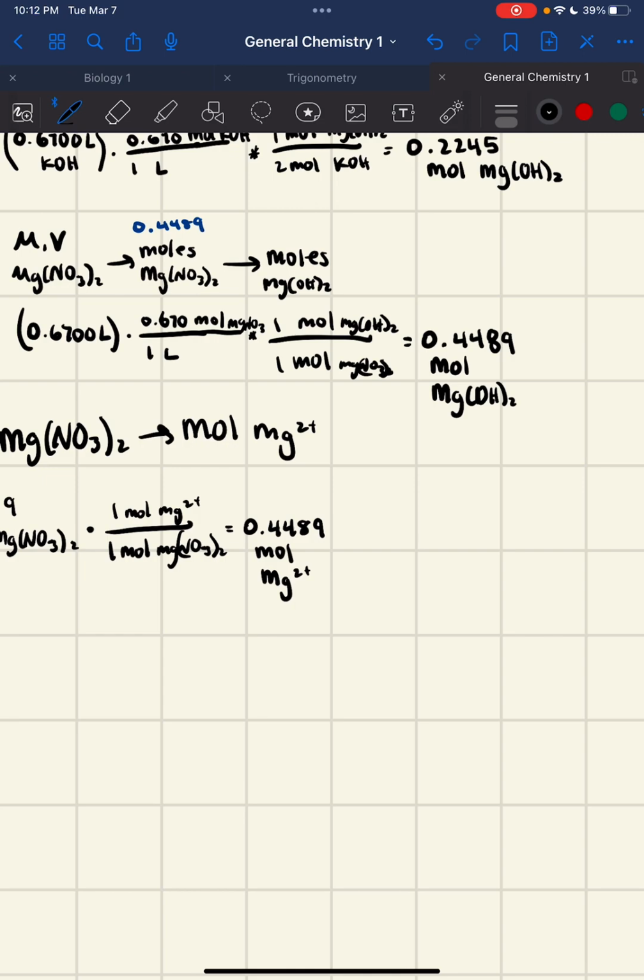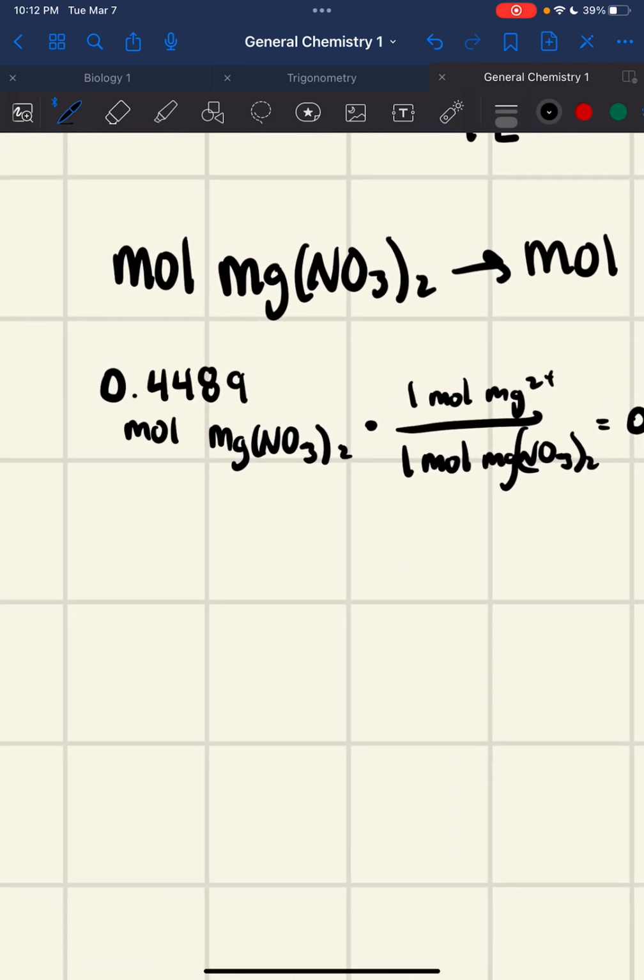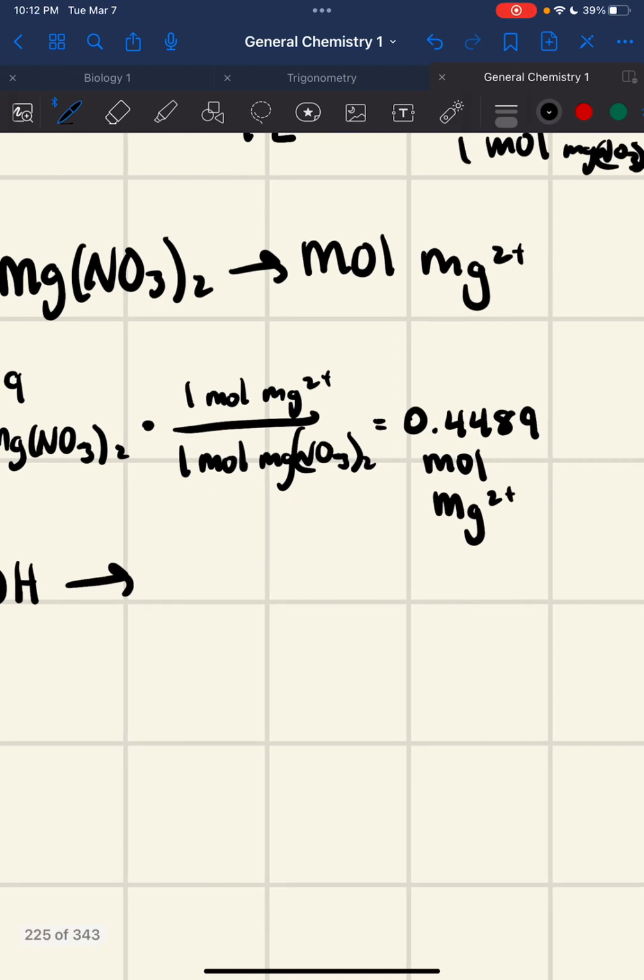And we're going to do the same thing for potassium hydroxide as well. So you go from moles of KOH to the moles of Mg2+.